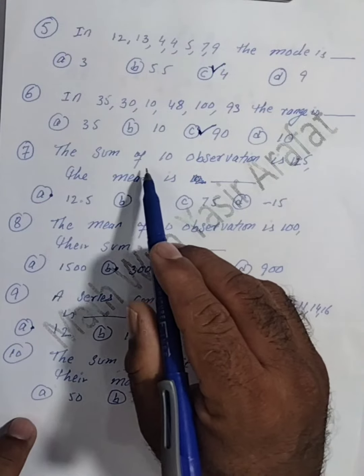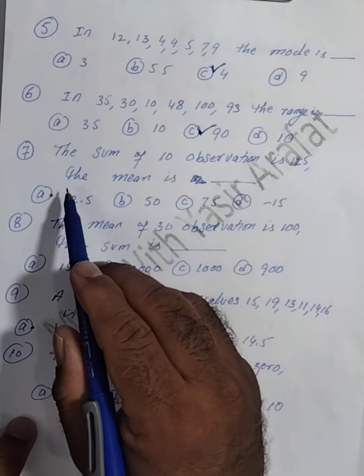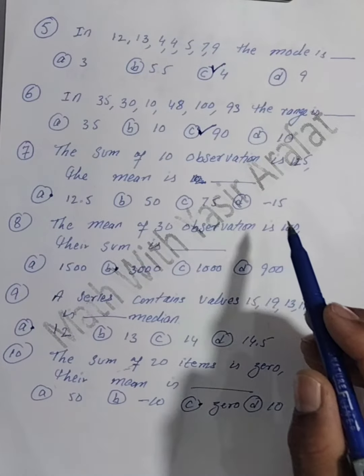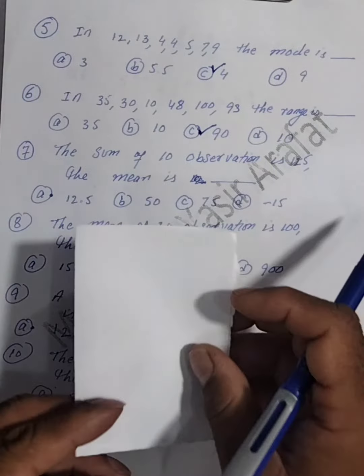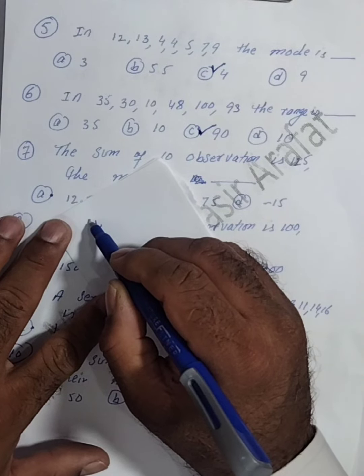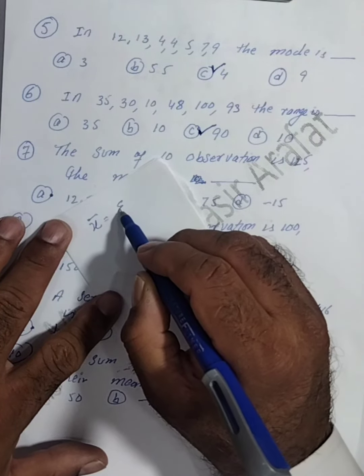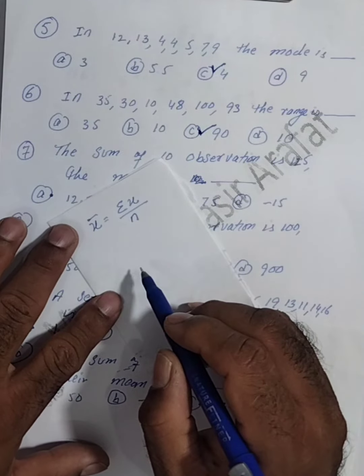The sum of 10 observations is 125. Find out the mean. So here, dear students, remember the mean formula. Mean is the sum of observations divided by the number of observations.